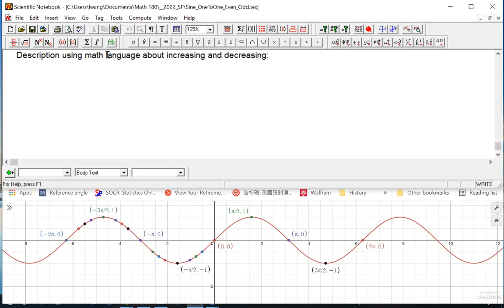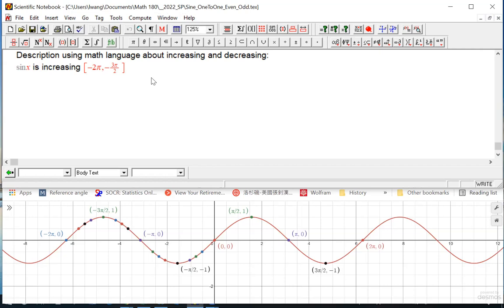Then you can say sine x is increasing. We can use any example, right? From negative 2 pi to negative 3 pi over 2. Now, I want you to compare this with the definition on your flashcard.